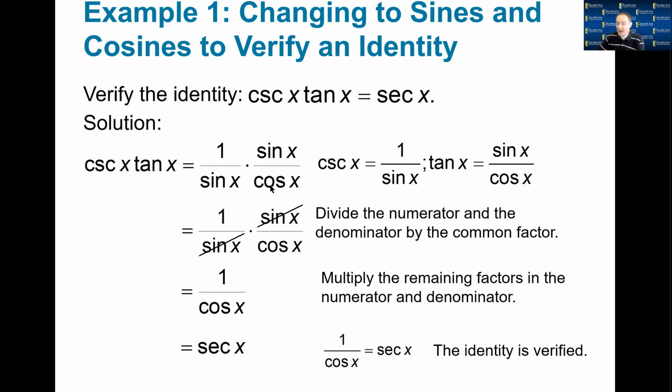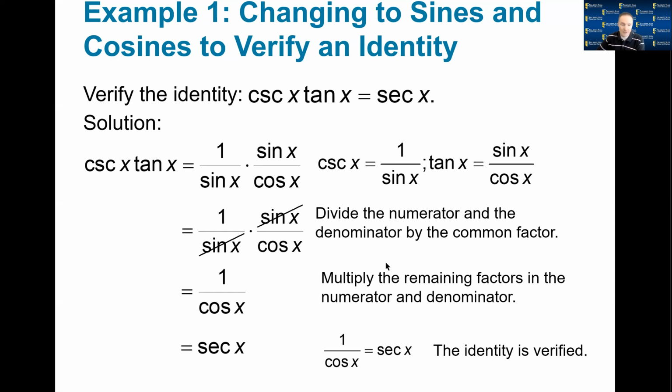Now, when I do that, I can already see I'm going to have some simplification here. Sine x in the numerator cancels with sine x in the denominator, and this simplifies to 1 over the cosine of x. And fortunately for me, 1 over the cosine is one of our basic identities. 1 over the cosine is the secant, and that's precisely what we needed to show.